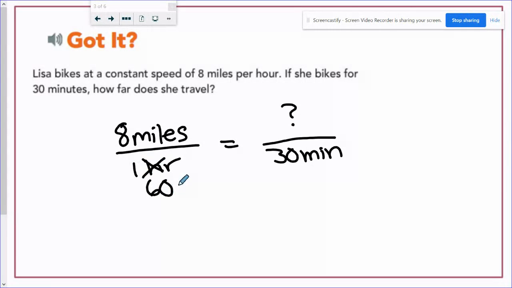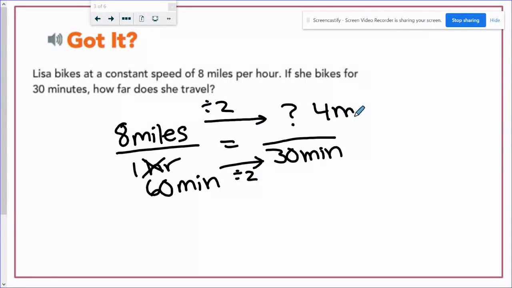So I'm going to change that 1 hour to say 60 minutes. 60 minutes divided by 2 gives me 30 minutes. So 8 miles divided by 2 gives me 4 miles. How far does she travel? She travels 4 miles in 30 minutes. All right, let's move forward.